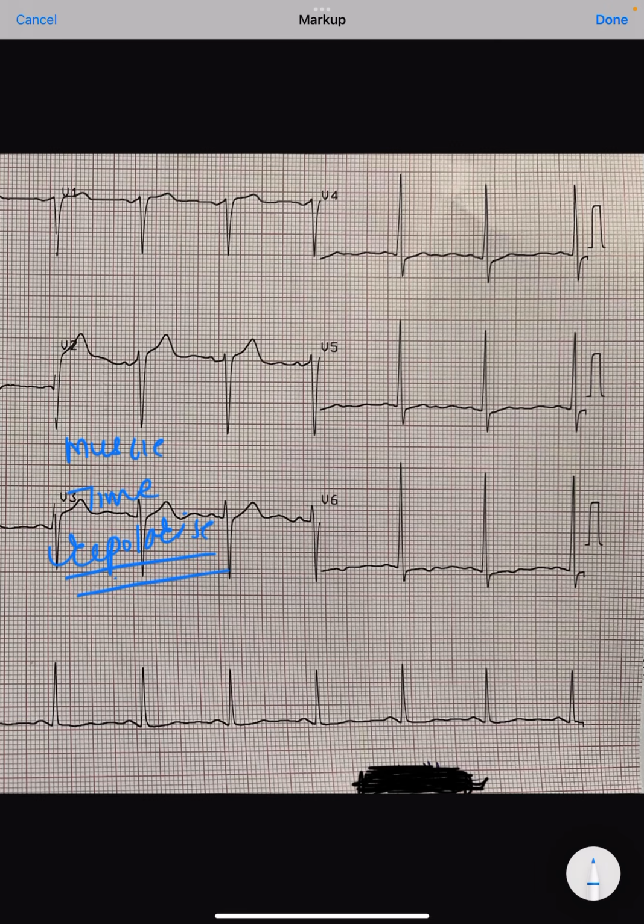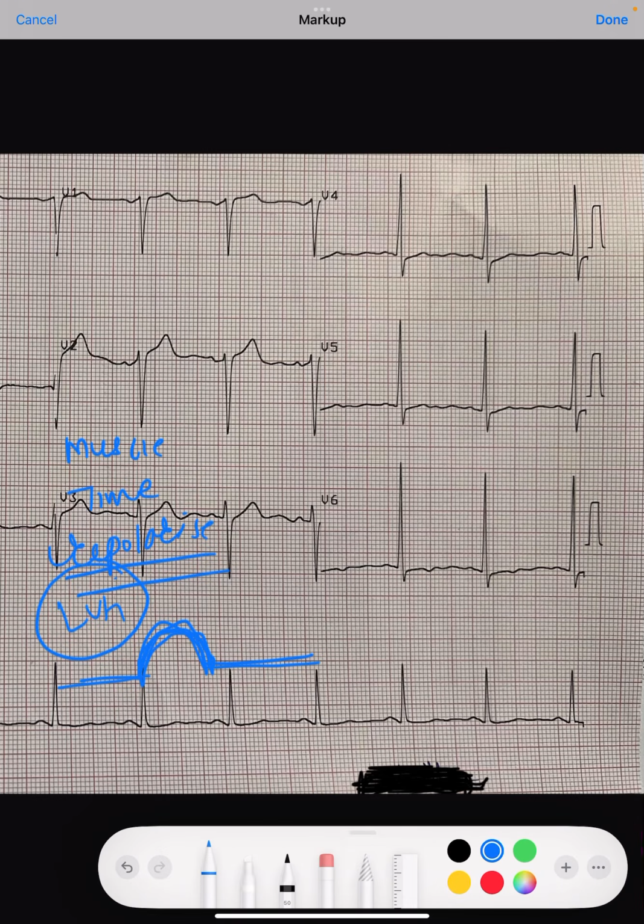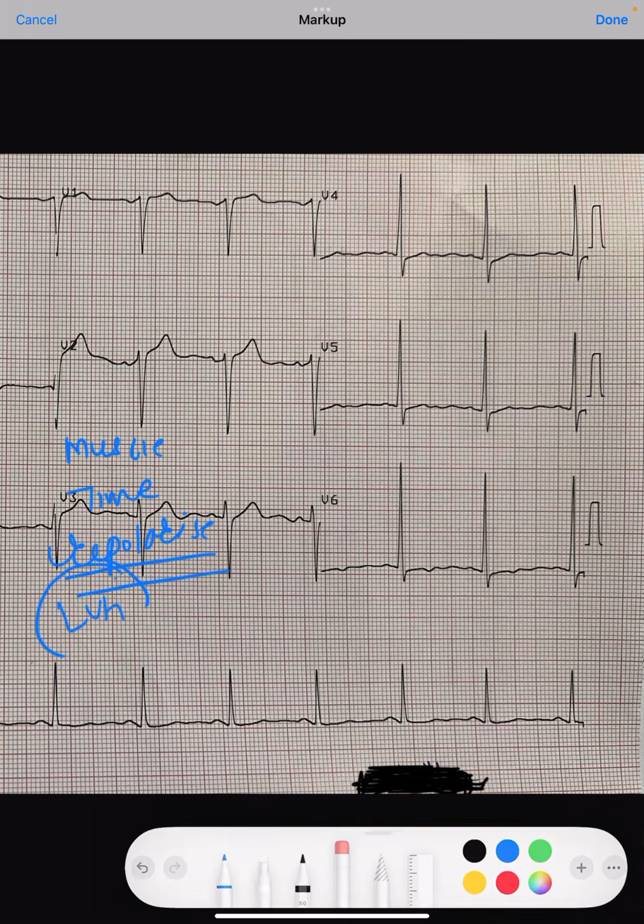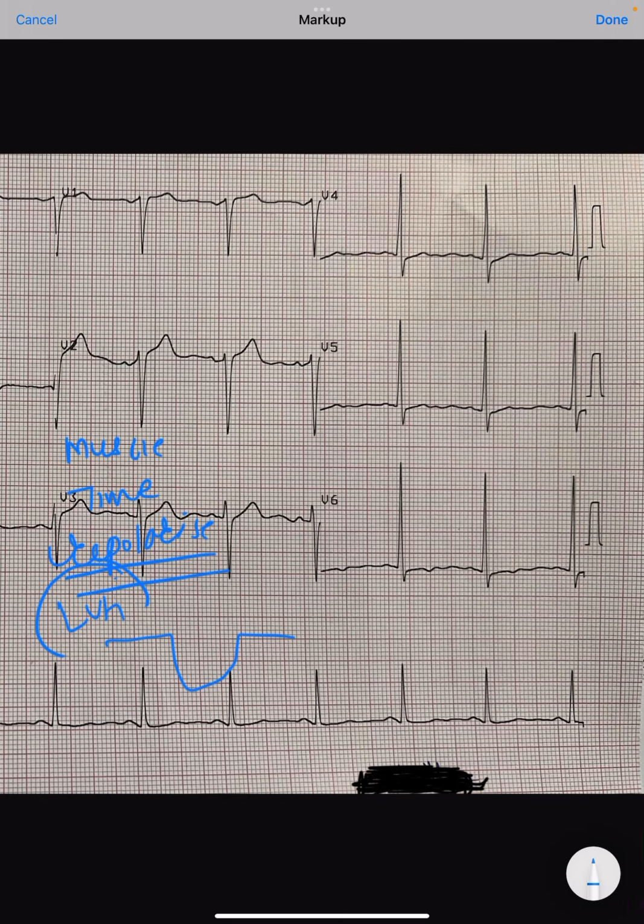And what is the repolarization wave? It is the T wave. We must know the T wave is almost positive in all the leads. But whenever there is LVH, the muscle mass is so much that there will be a repolarization abnormality, and automatically this T wave will be a negative wave.